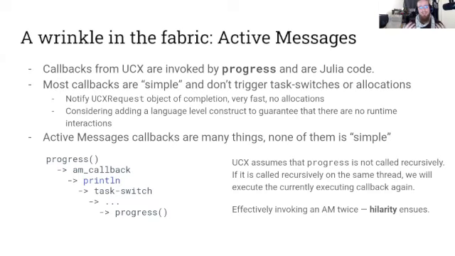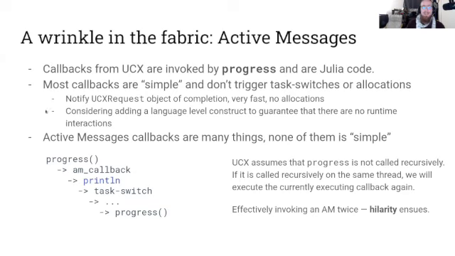There's very little risk of actually switching inside that callback. But as soon as I added active messages, suddenly the code run in those callbacks became bigger and bigger. And one way around it is to, as part of the active message callback, defer the execution of that callback to some later point by spawning a Julia task. But that adds additional latency. So, trade-offs.